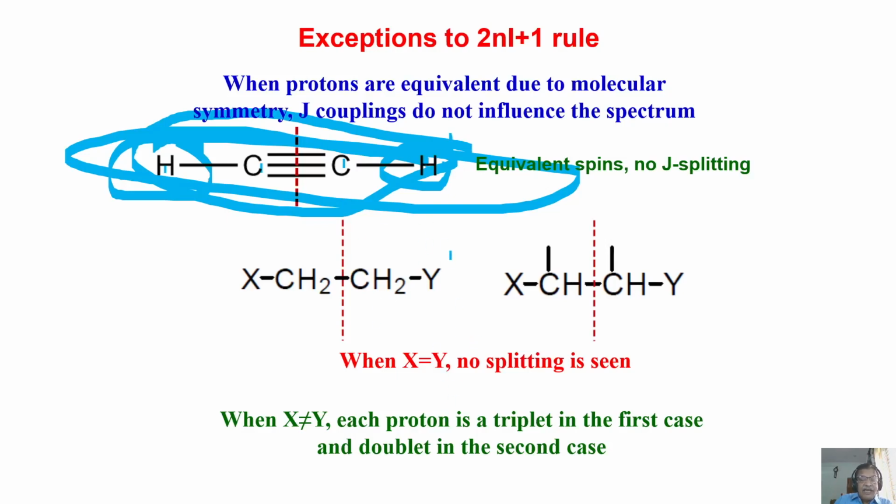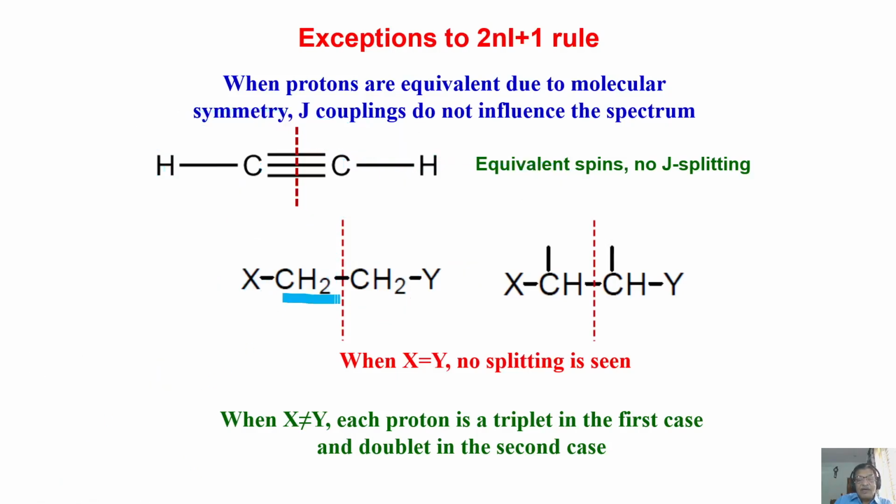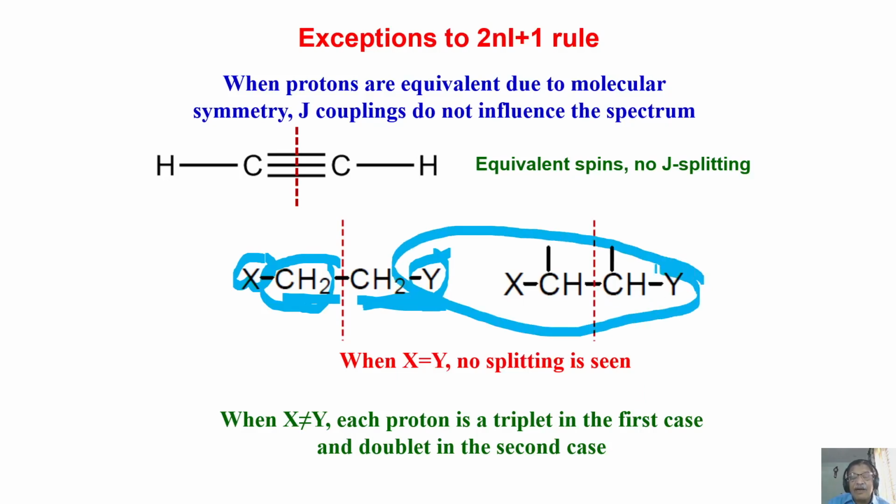Look at this one. If X and Y are different, this environment is different from this environment. As a consequence, this proton splits because of coupling with this, and this splits because of coupling with this, because X and Y are different and there is no chemical equivalence. On the other hand, when X equals Y, there is no coupling at all.